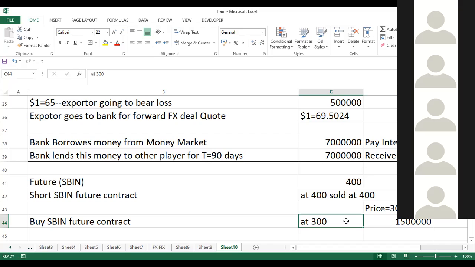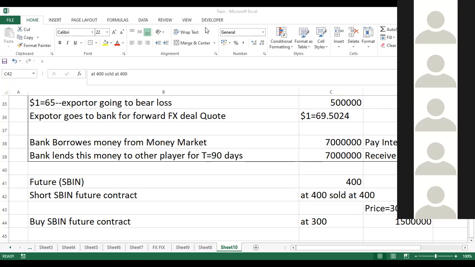Sir, but in this case, there is a loss of 1,50,000. So how are we able to mitigate the risk in this case? In this case, you did this short position because you have this fear in your mind about the position that you are holding in the portfolio, as given in this PPT.